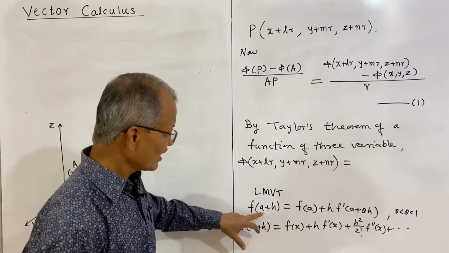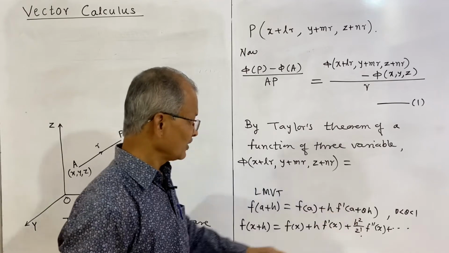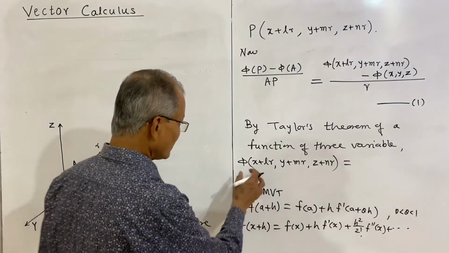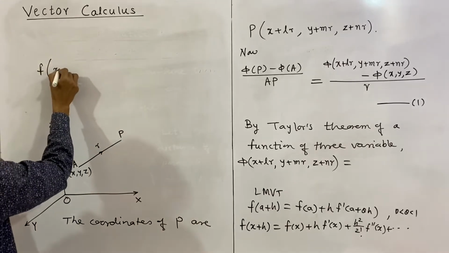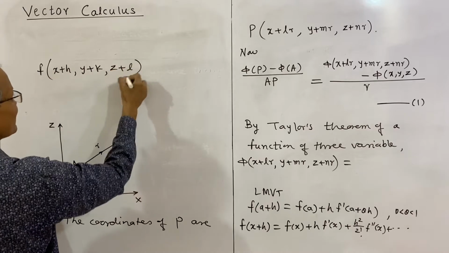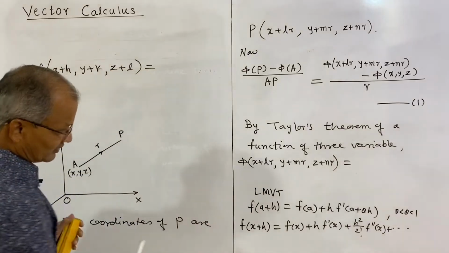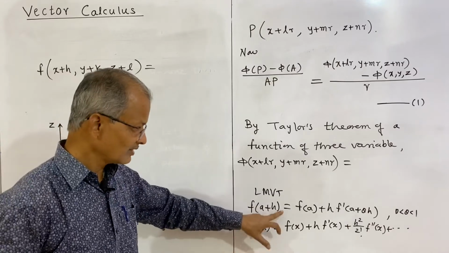So how is it written? f of A plus H times f dash of A plus theta H, and therefore here it may be taken as f of x plus h, y plus k, z plus L, and that will be according to this. You may see any one of these, it is of the same form.